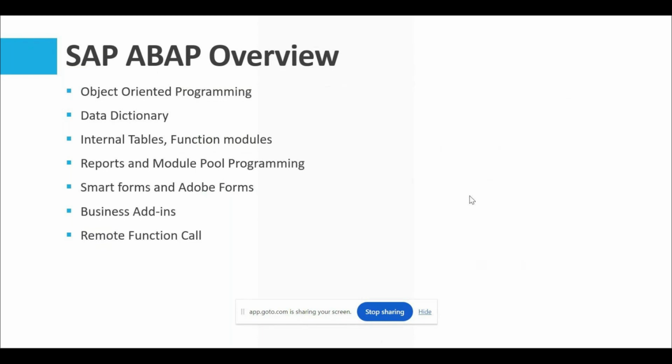Second, if nothing is available, we straight away create classes and methods. The next priority technical object below classes and methods is the function module. If you don't find any class and method in SAP EWM to retrieve or process some data, you will definitely find some function modules available.